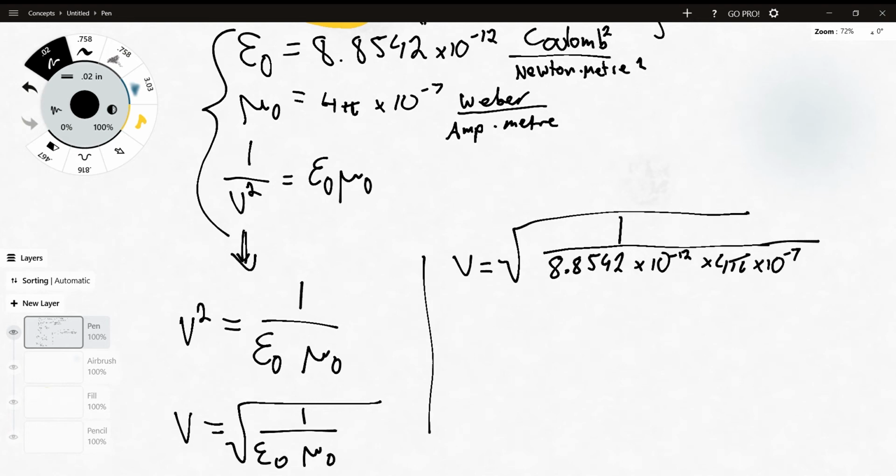And if you put that into your calculator, which I'll give you a second to do, you get a very interesting and recognizable number.